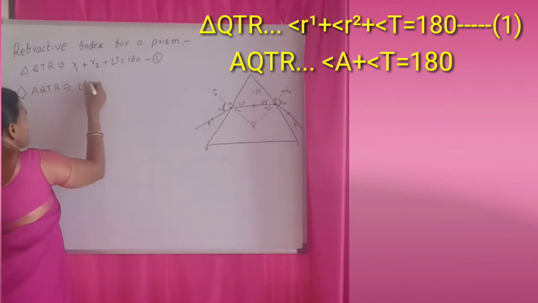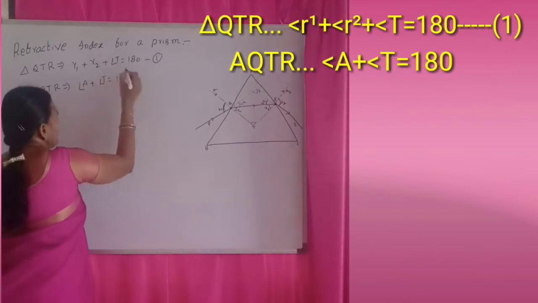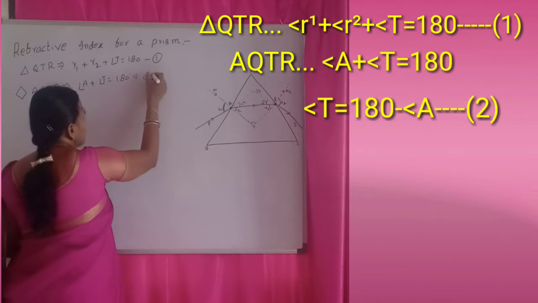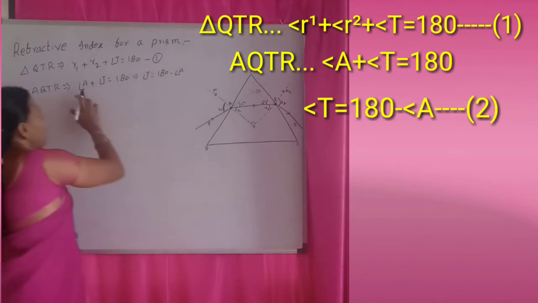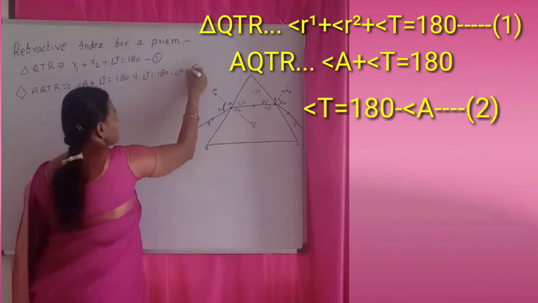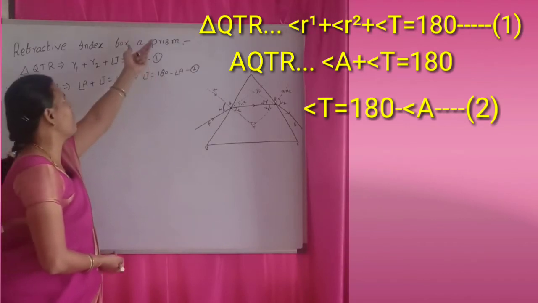From this equation, angle T is equal to 180 degrees minus angle A. I am taking angle A to the right side. So here we get the second equation. Now I am substituting the second equation into the first.